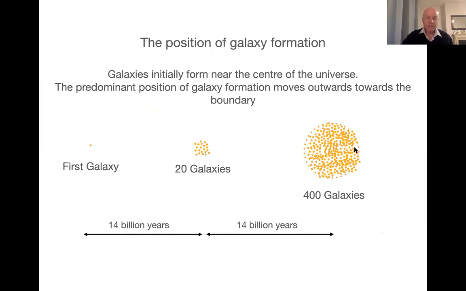But the position of galaxy formation is significant. And it seems that there is a tendency for galaxies to form within or in the region of 2 million light years apart.